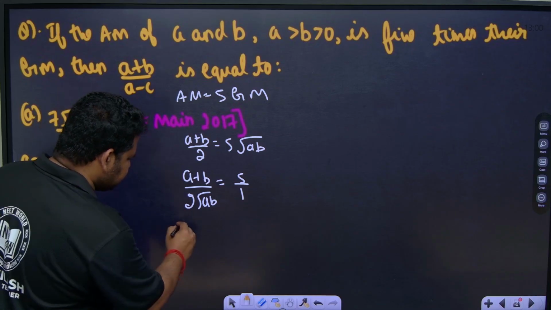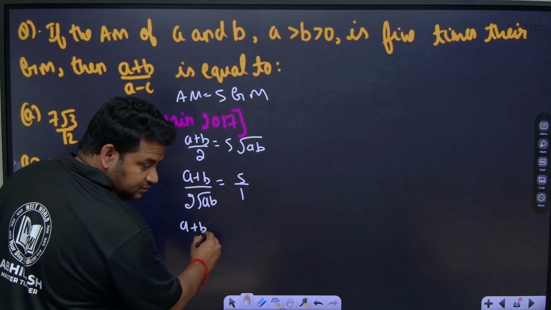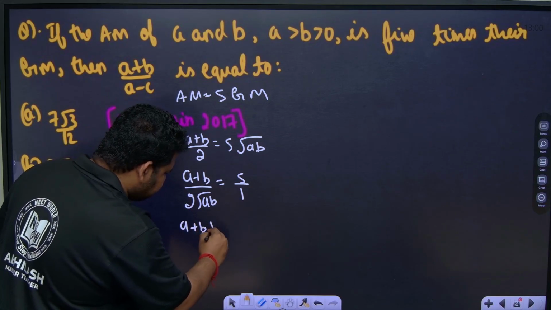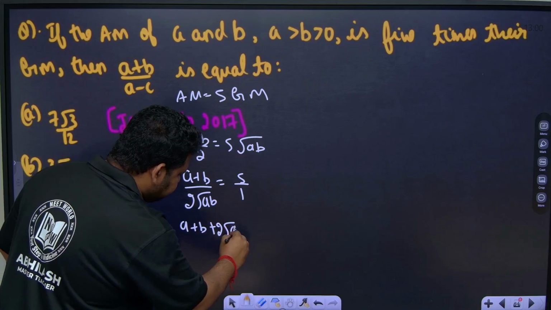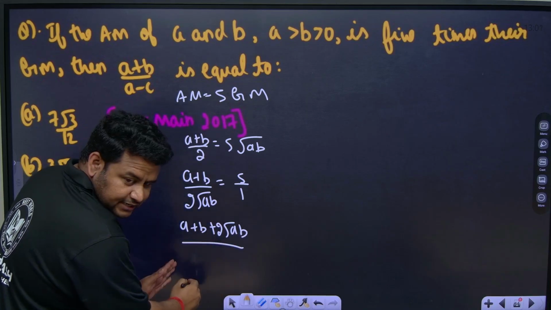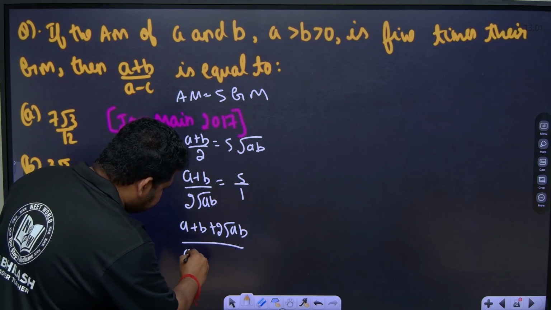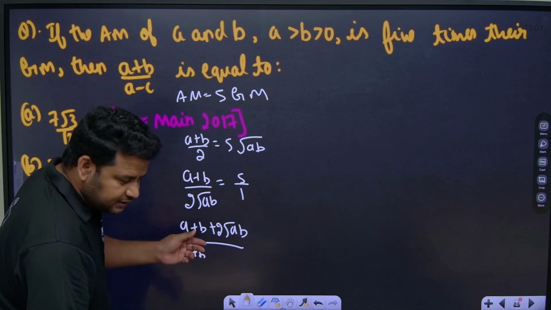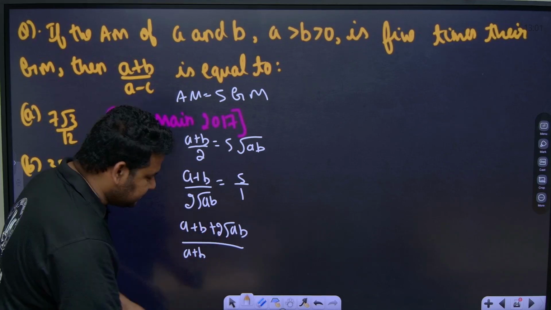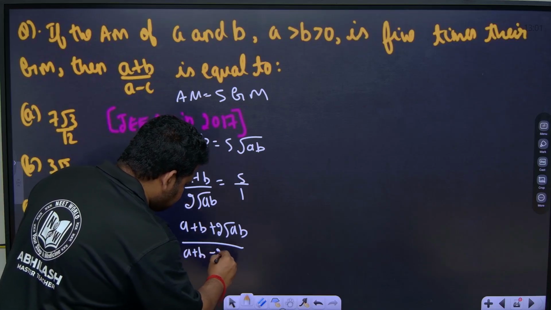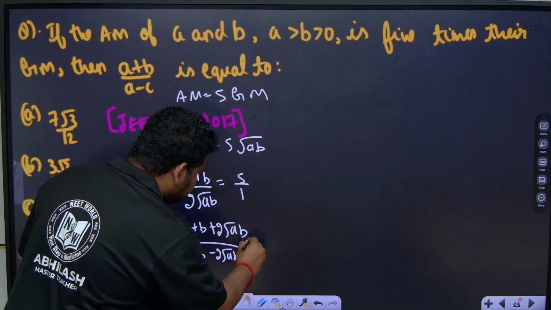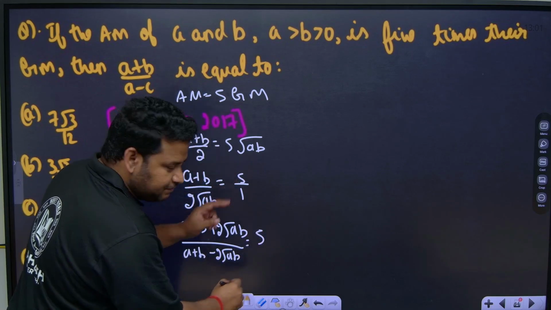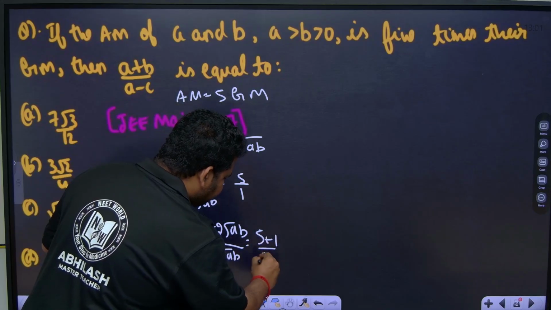Numerator is A plus B; you add the denominator, which becomes 2 times root AB. Then again take the numerator A plus B and subtract the denominator, minus 2 times root of AB. This is equal to 5 plus 1 divided by 5 minus 1.